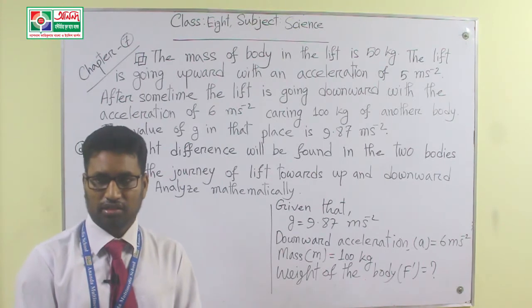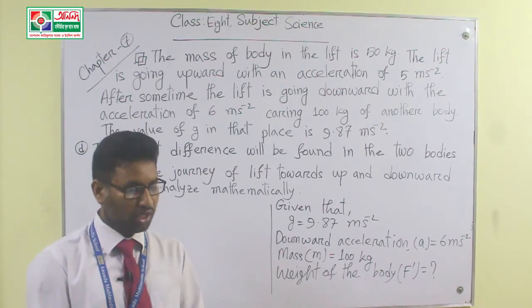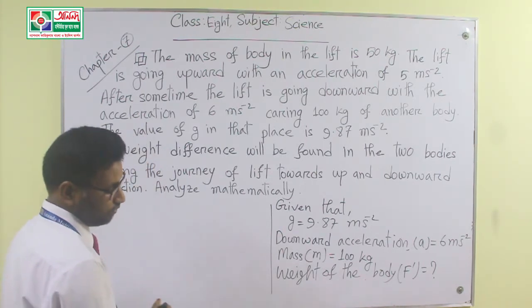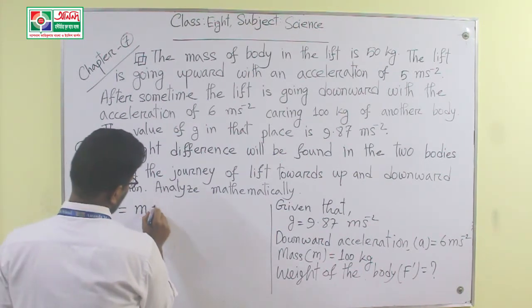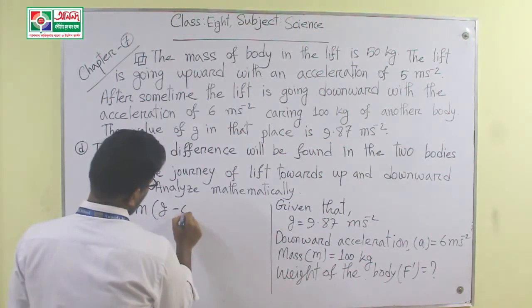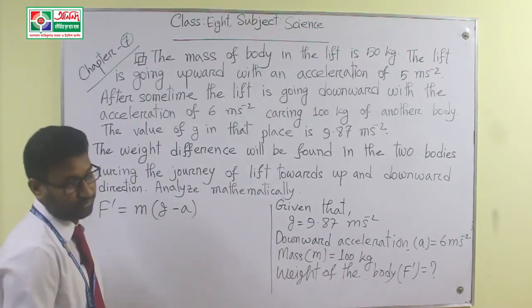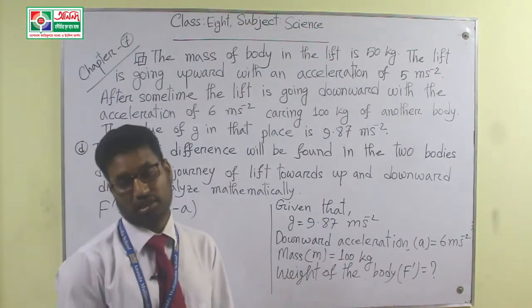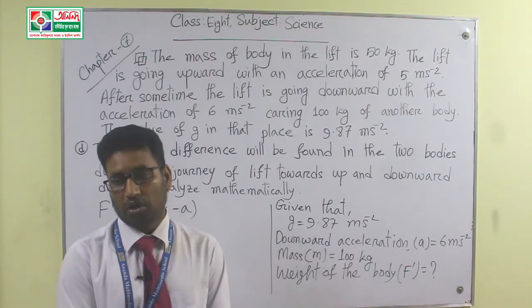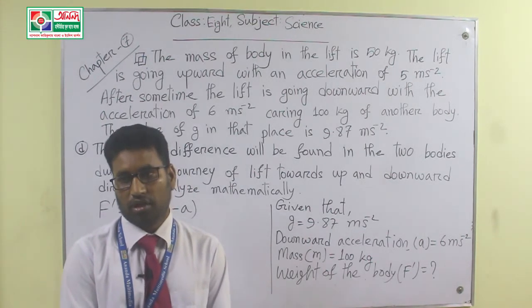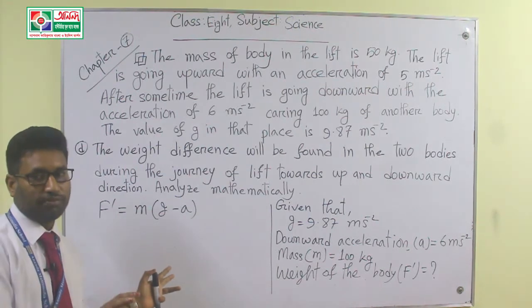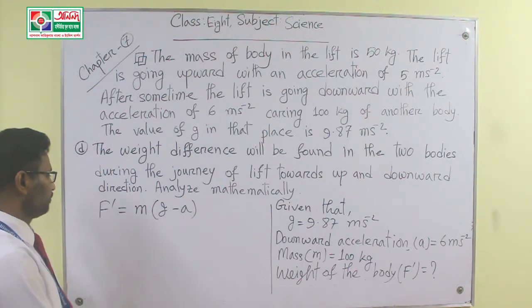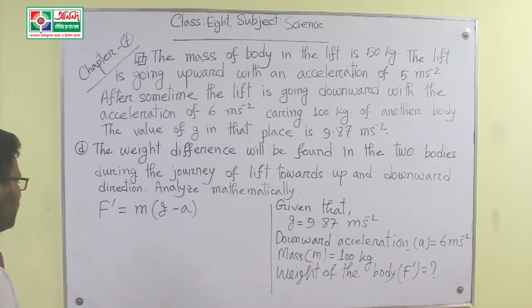So in that case the formula will be F prime equal to m into g minus a. This is the right formula in case of a downward direction lift. This is the main formula: F prime equal to m (g minus a).